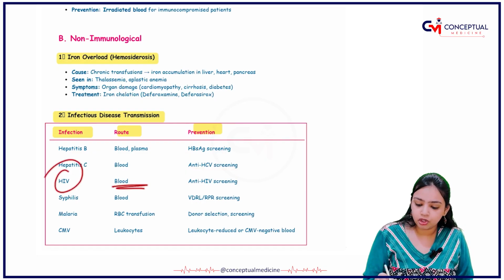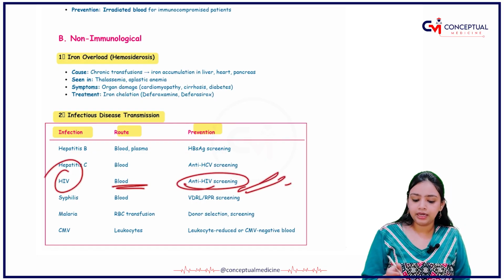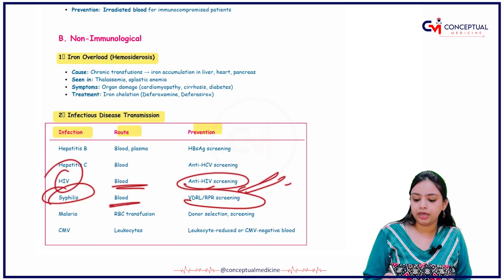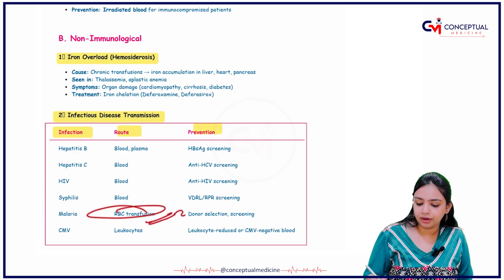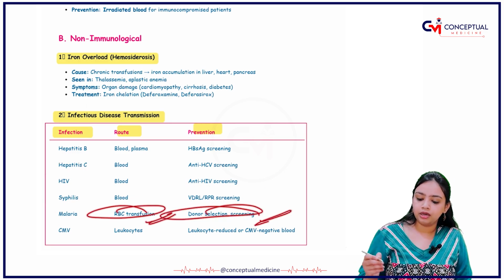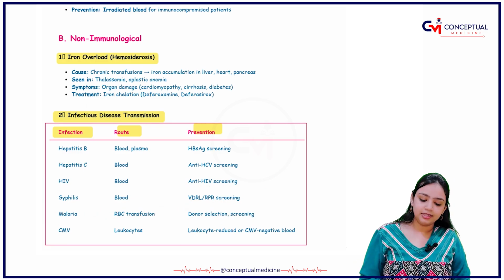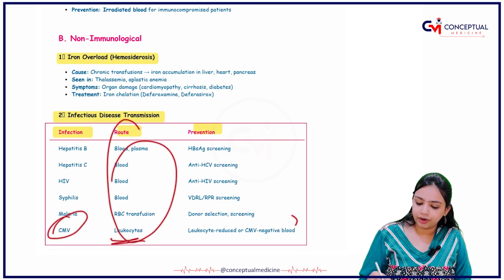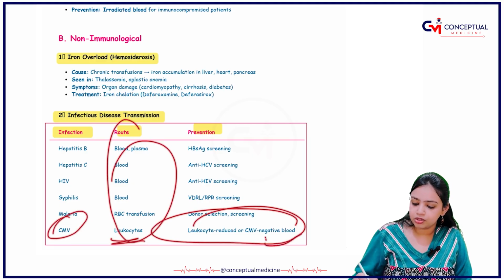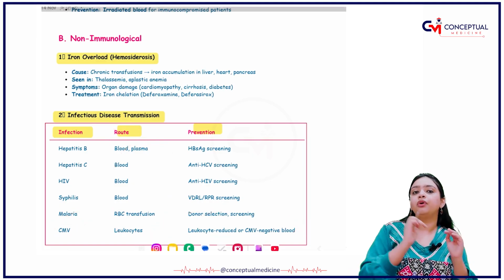For HIV, blood is the route, you do anti-HIV screening. For syphilis, blood is the route and you do VDRL screening. Malaria is via RBC transfusion. You have to do donor selection and screening. For CMV, the route is leukocytes and you have to give leukocyte reduced blood.